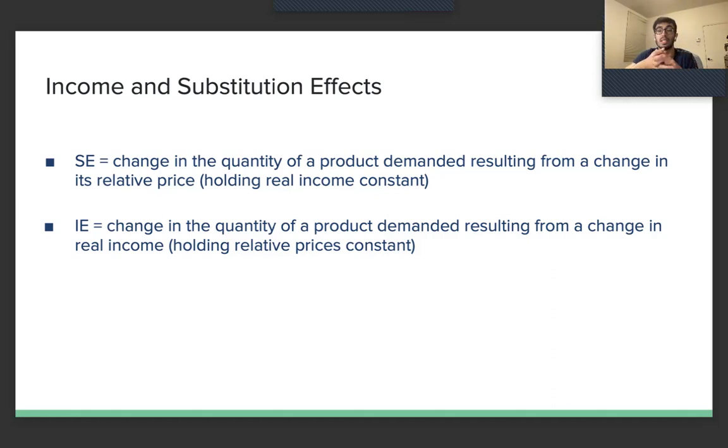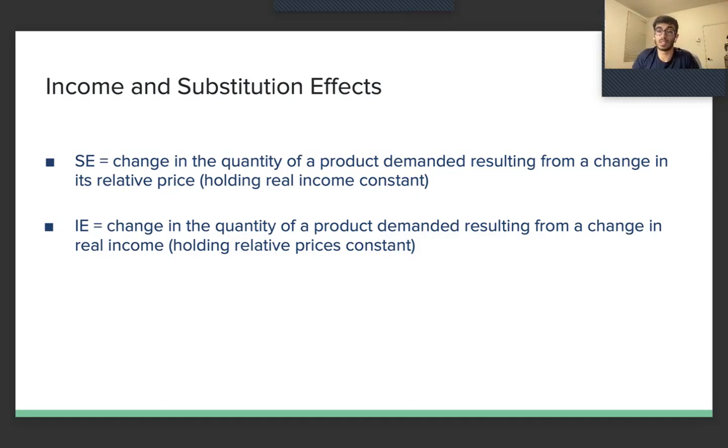Since your own product's price has reduced, its relative price to its substitutes has also fallen. So our product is now cheaper relative to its substitutes. That's one part of the entire effect that leads us to move down the demand curve.